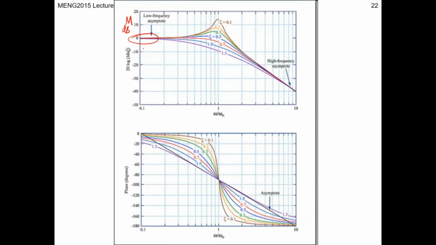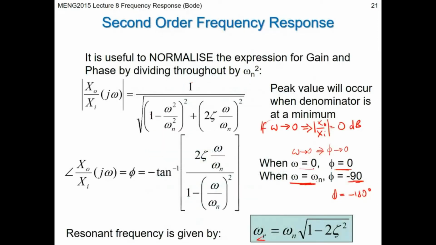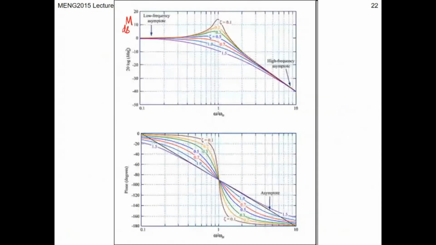So sure enough, for low frequencies, we get close to 0 dBs. Then if we have a low damping ratio, like 0.1 here, we see a resonant peak in the magnitude. This is resonance. And you see that at a low damping ratio, it's slightly offset. As the damping ratio increases, this resonance moves slightly. The resonant frequency isn't completely the same at all damping ratios, and that is because the resonant frequency is a function of the damping ratio, as we saw on the previous slide.